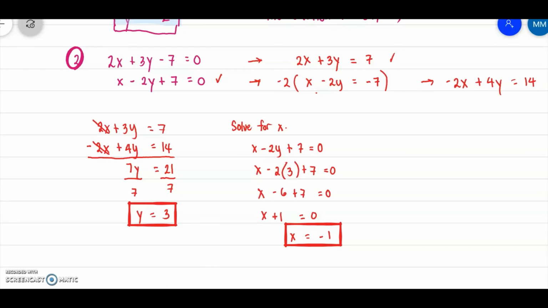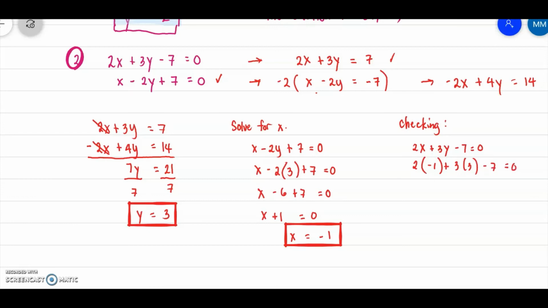For the checking, first let's have our first equation, that is 2x plus 3y minus 7 equals 0. Substitute our values of x and y. So 2 times x is equal to negative 1 plus 3 times 3 minus 7 is equal to 0.